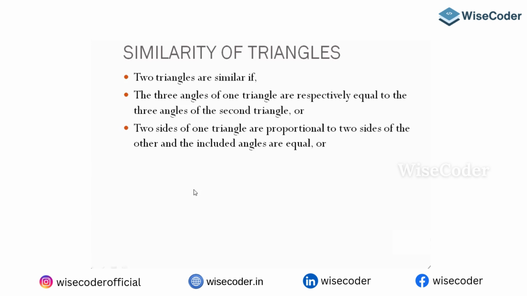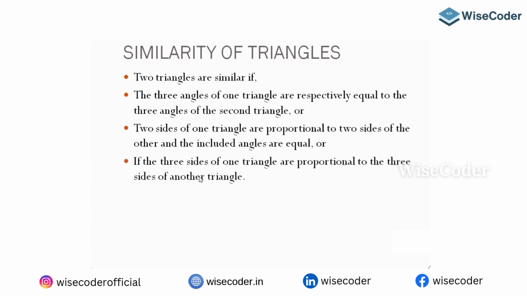The sides are in proportion: if this is 1 and this is 3, and this side is 2, then automatically this should be 6. The proportion has to be the same. And the three sides of one triangle are proportional to the three sides of another triangle.